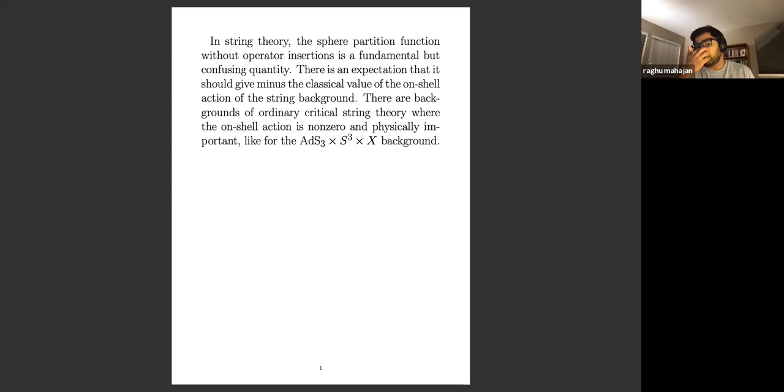In particular, for the object with 0 vertex operators, there is an expectation that the sphere diagram should give the classical value of the on-shell action of the background in which the string is propagating. This is important because we want to know the on-shell actions in things related to black hole thermodynamics, or in AdS/CFT, the on-shell action of AdS3, for example, or any AdS space encodes its thermodynamics.